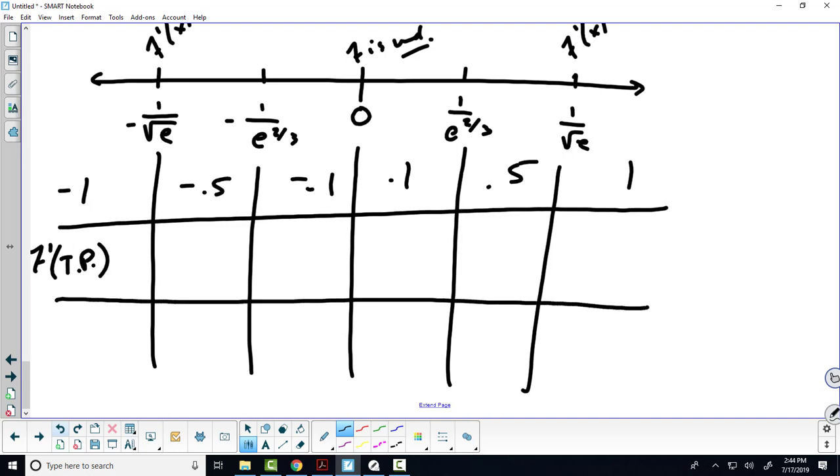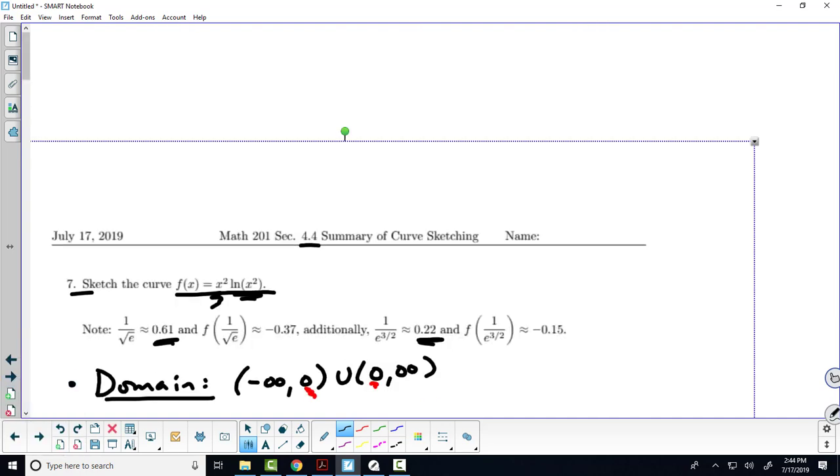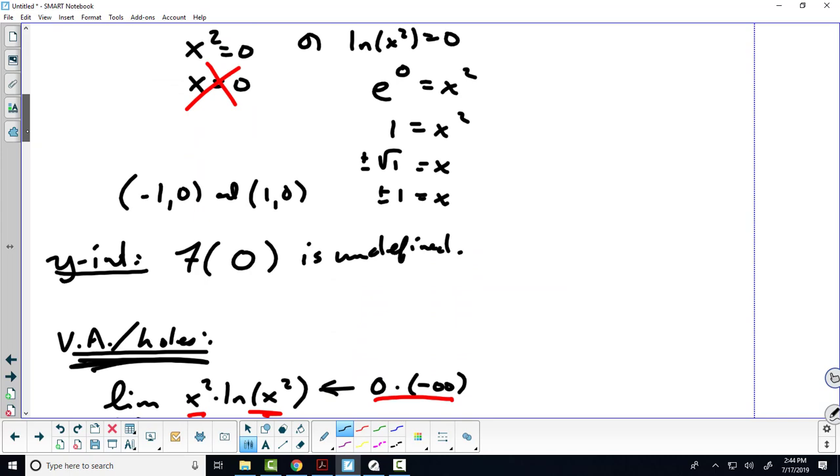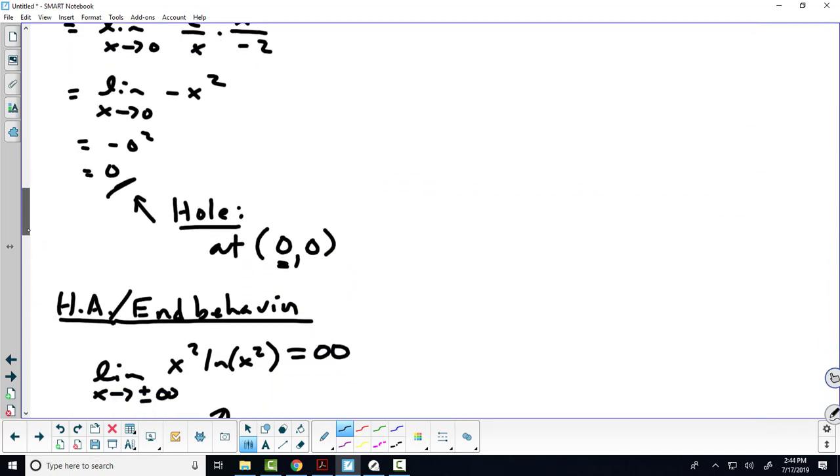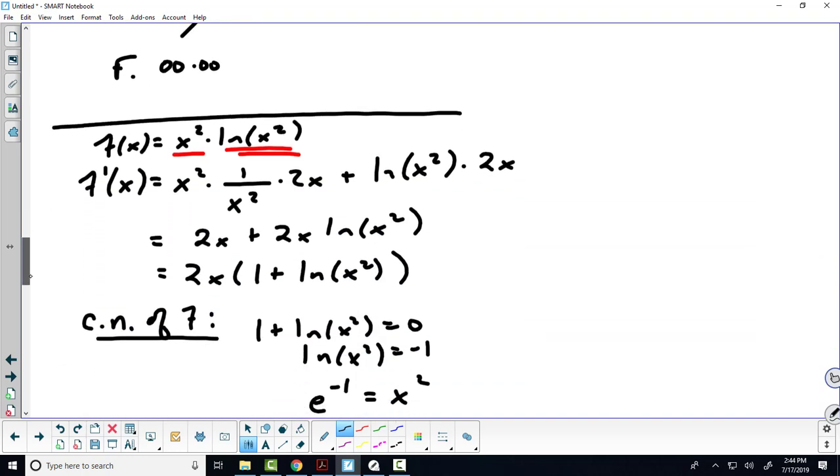Okay. Now folks, I'm going to cheat a little bit here. To be honest, evaluating these would take some time. If we were to plug -1 into our first derivative, sorry, I'm probably giving you motion sickness here. Where is our first derivative? Here it is.